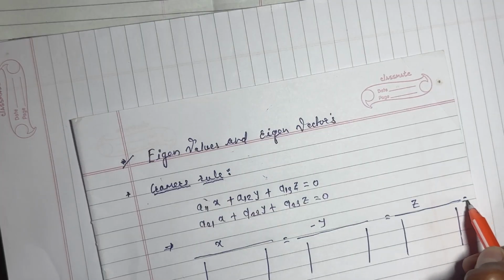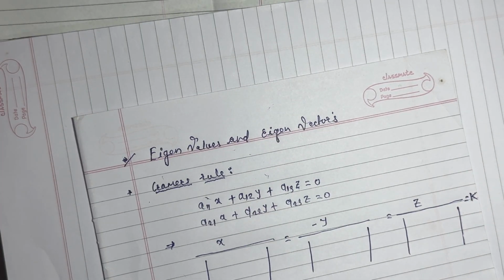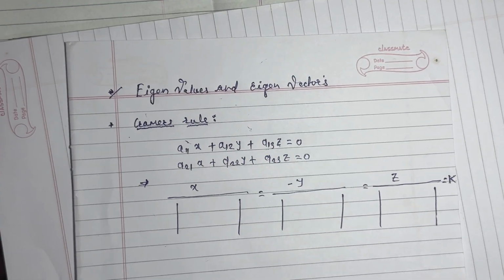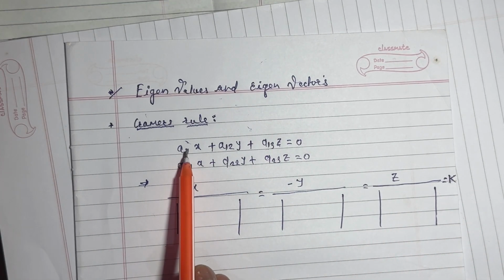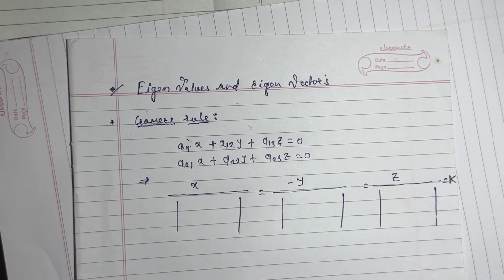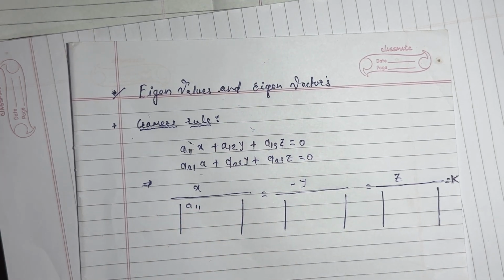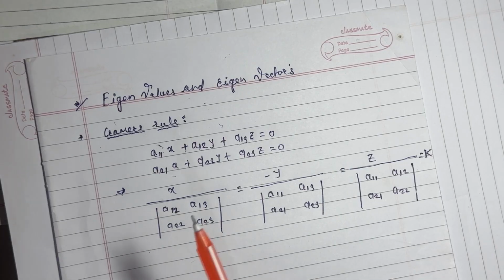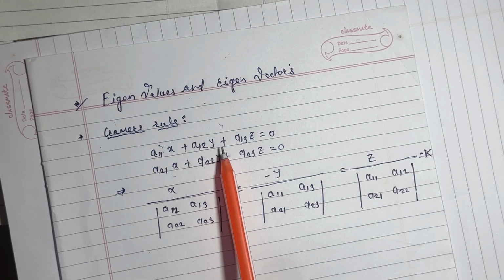After the divisions you will get some value as a constant k. I consider this as a constant k. For x we write a11, a13, a21, a23. This is the way we define Cramer's rule for linear equations in 3 variables when only 2 equations are present.